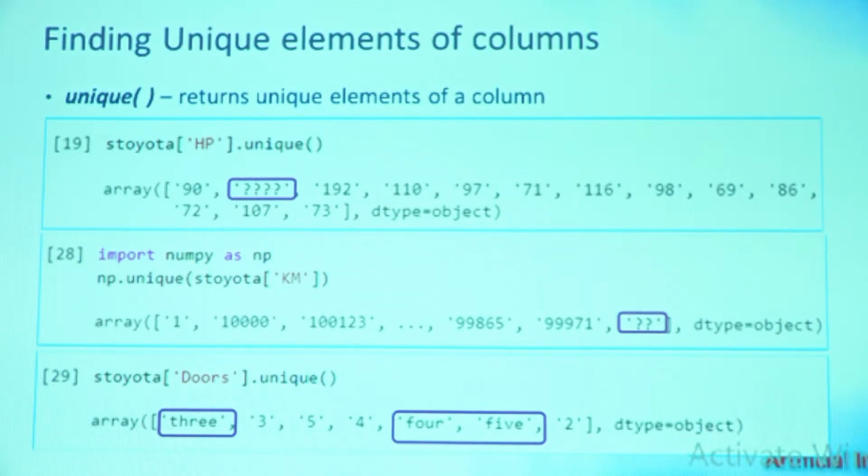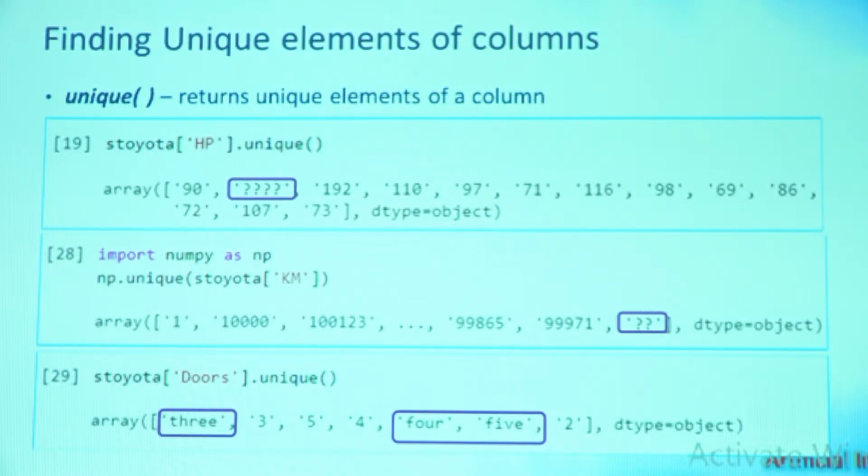So it's the same thing. If sometimes the data frame does not by itself give you a unique value, then you can call upon NumPy and work with it. So you can see, this is something very interesting, one good observation by your dear friend. Look at the first thing that I did there for HP. I directly called the unique method from pandas.